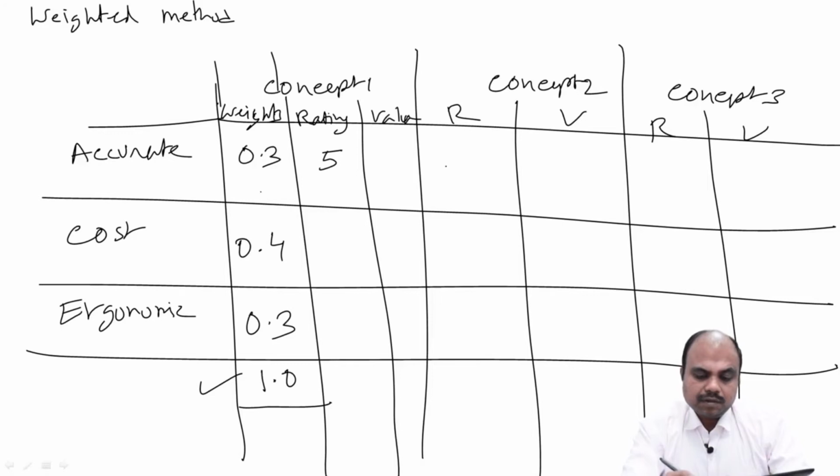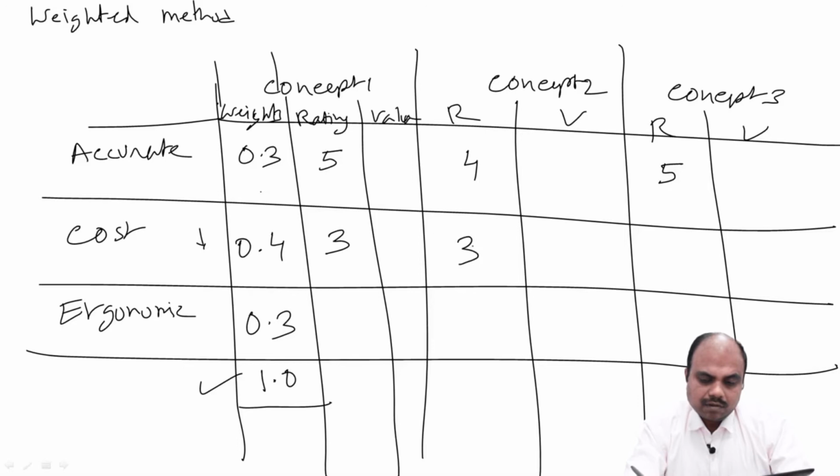For concept 2, it is also accurate, but not that. Concept 3 is also very accurate. In terms of cost, actually it should be less. So concept 1 is 3, concept 2 is also 3, and concept 3 is high, so it is 2, basically 4. So ergonomics you can say rating as again 2, and concept 2 is 3, and concept 3 is 5.